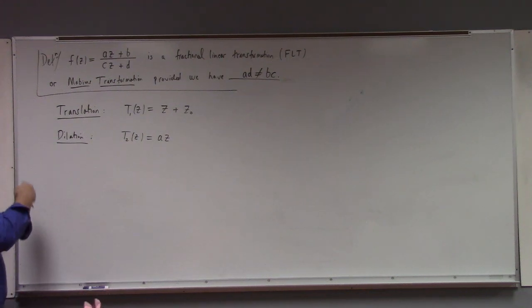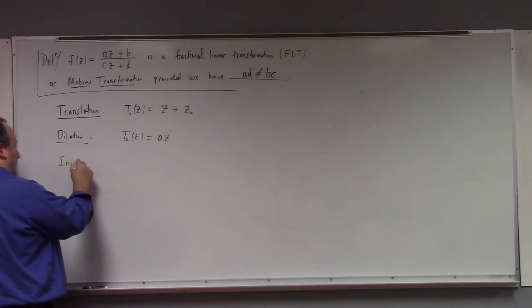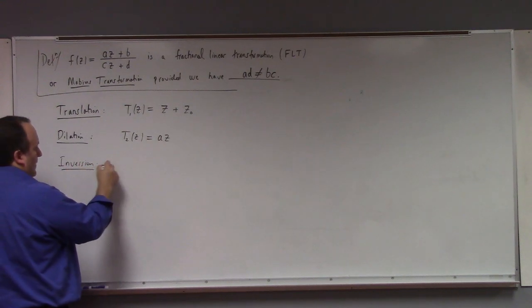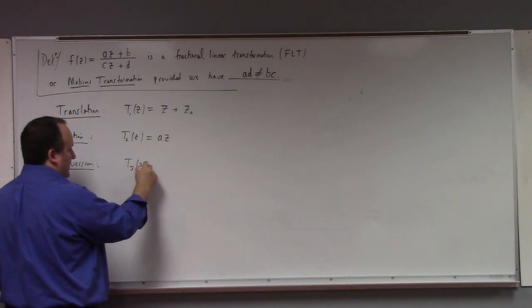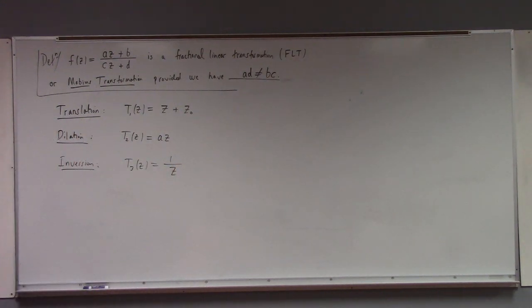Some people might say A has to be real to be a rescaling. If you write A as its magnitude times e to the I theta, it's going to rotate points by theta, right? And then, of course, you have inversion. That's the thing that just took us for a ride in the last example, all right?